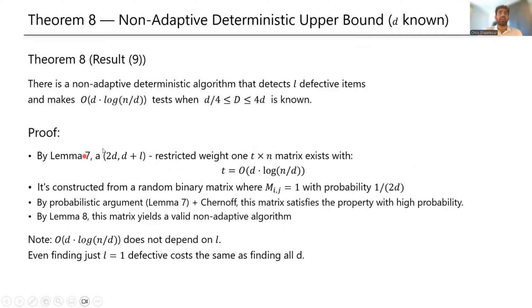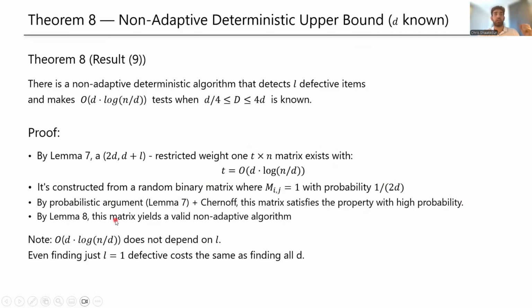So if we take a big matrix and construct from it a restricted weight 1 matrix, we know that the number of rows corresponds to this complexity, which is D log(N/D). And by probabilistic argument, which is lemma 7 and Chernoff bound, this matrix satisfies the property with high probability.